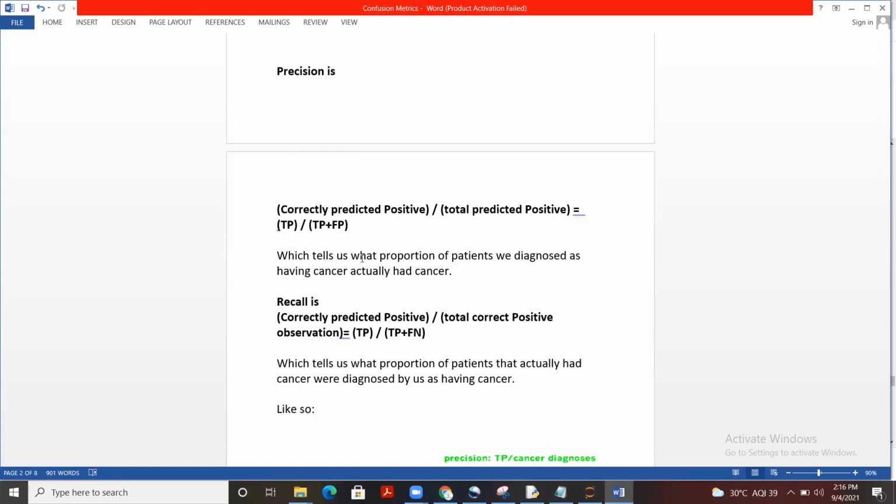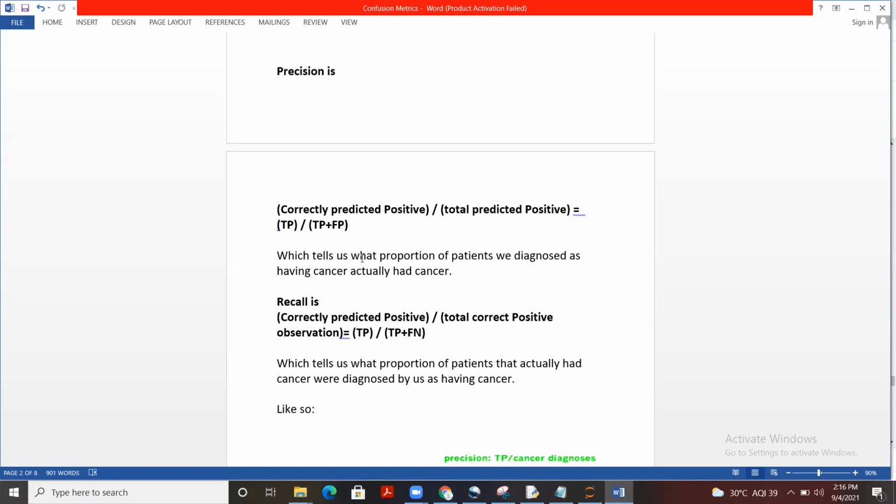There was no irrelevancy, no irrelevant patient you have added as having cancer. But what is recall? Recall is the proportion of patients that actually had cancer and were diagnosed by us as having cancer. I mean, how many times you were correct. And precision is like you were correct, but you must have added some irrelevant things as well.